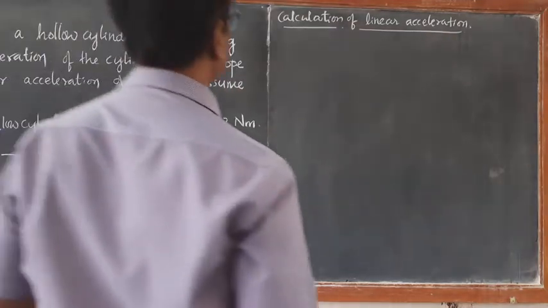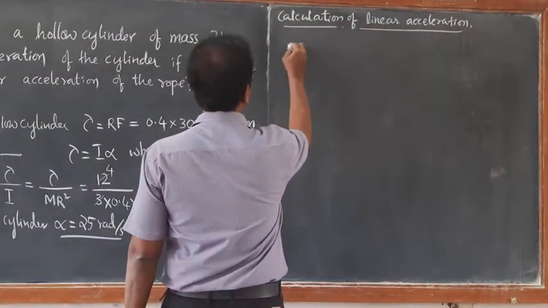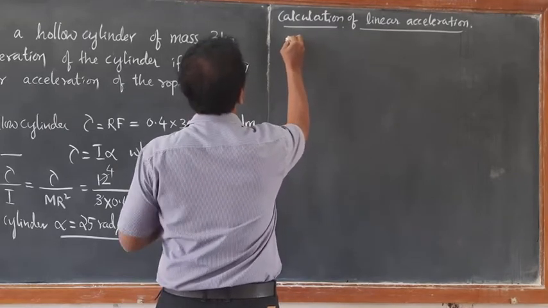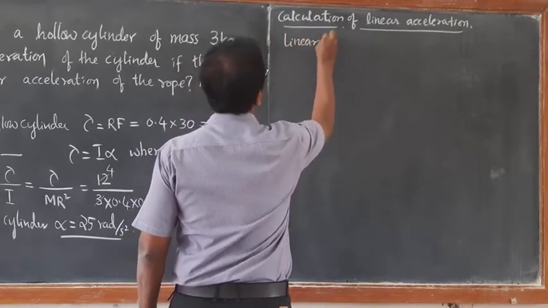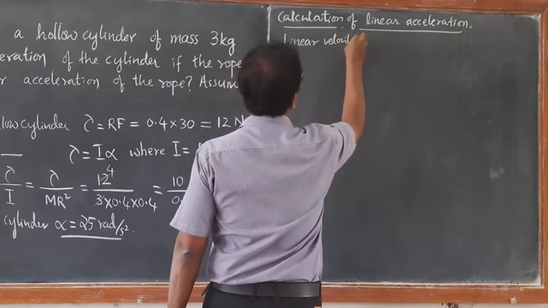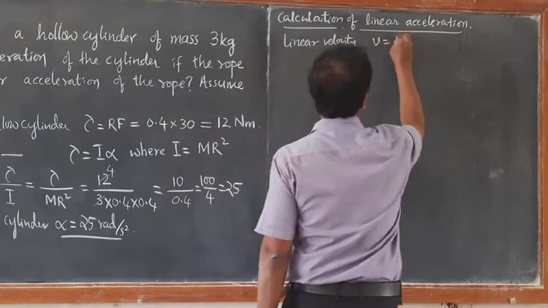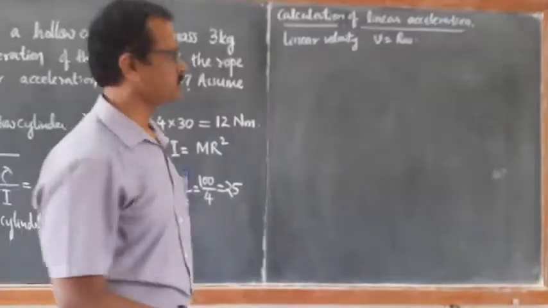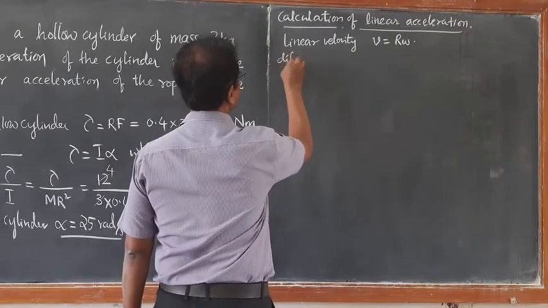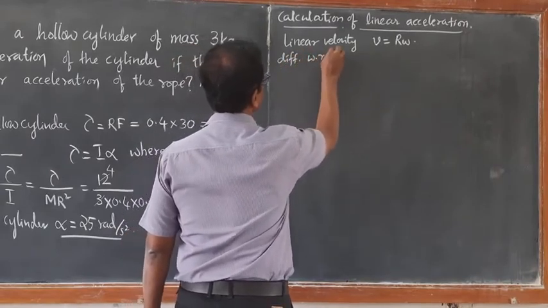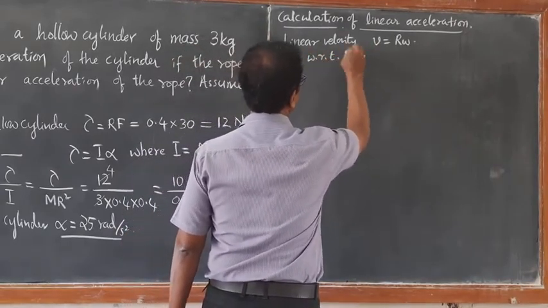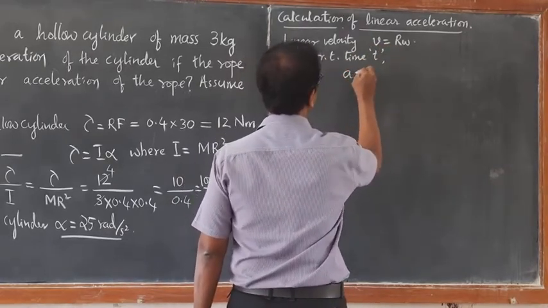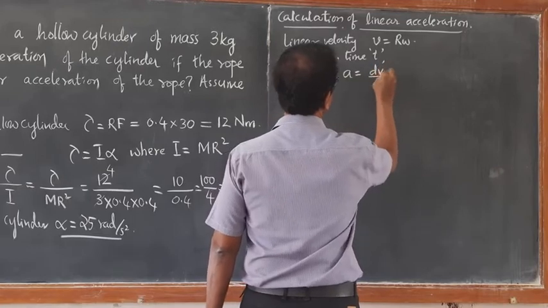We have linear velocity, v equal to r omega. If we differentiate this with respect to time t, we get dv by dt, the linear acceleration a equal to dv by dt.